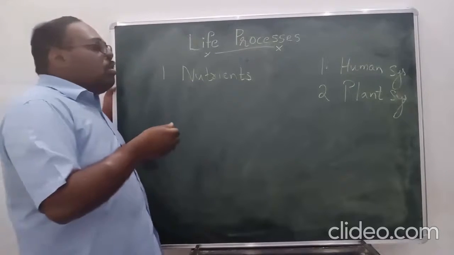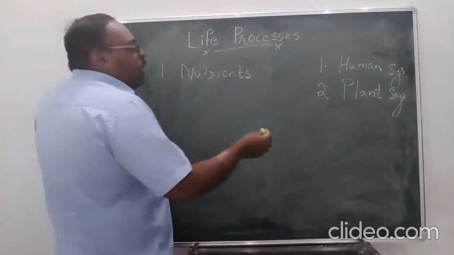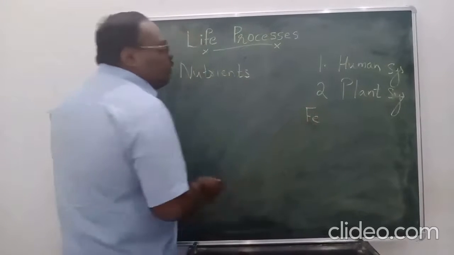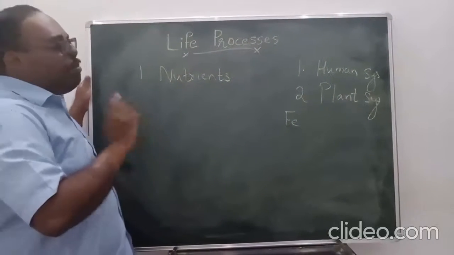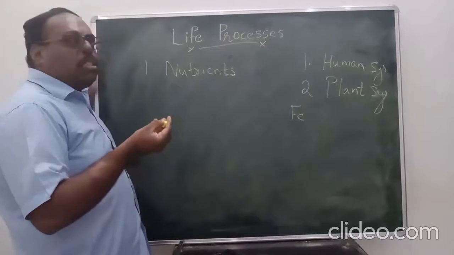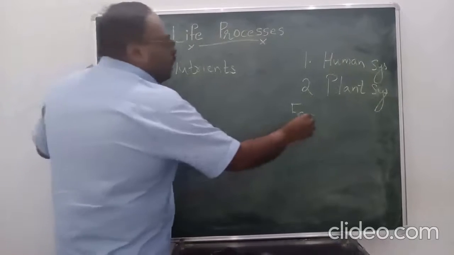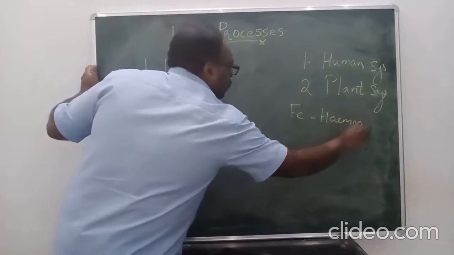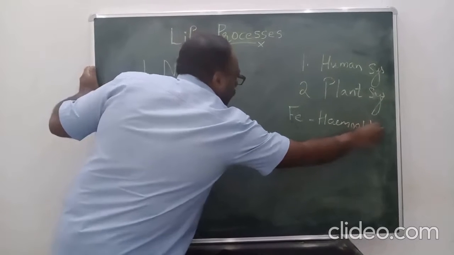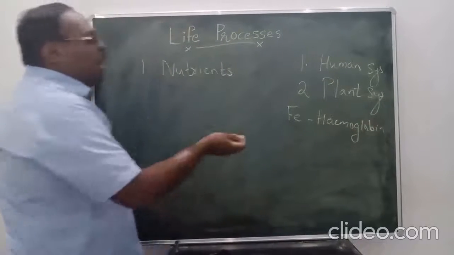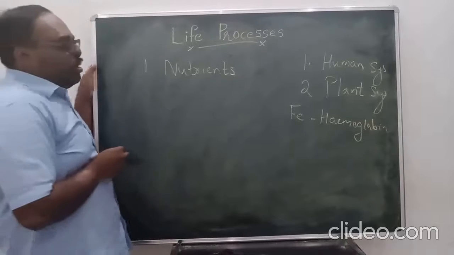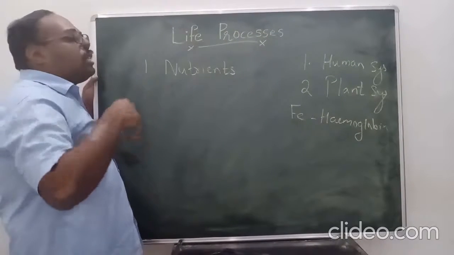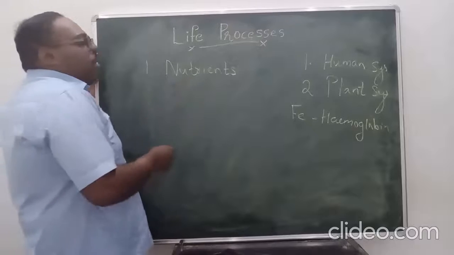For example, one of the nutrients is Fe, which is iron. It helps us with the formation of hemoglobin in blood. This is a protein present in the human blood which is responsible for carrying oxygen.